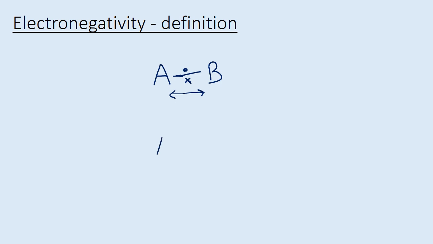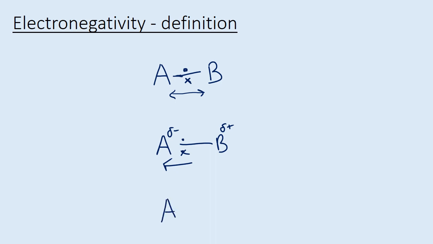Or you could have a scenario where A is more electronegative, which means the electrons are pulled closer towards A. That would mean that A is more electronegative because it's pulling the electrons towards itself, which would give you a slightly negative charge on the A and a slightly positive charge on the B.